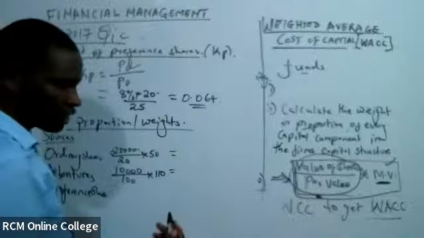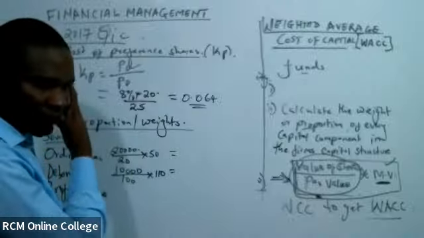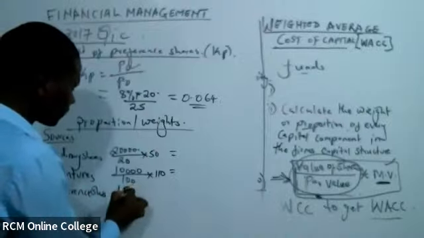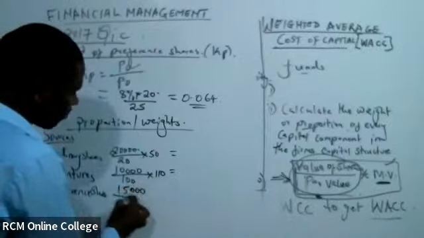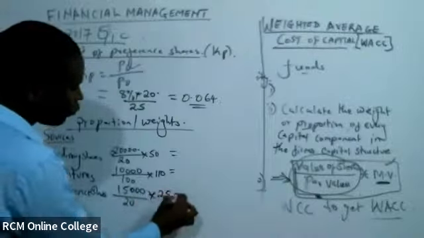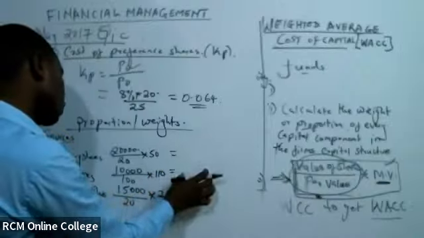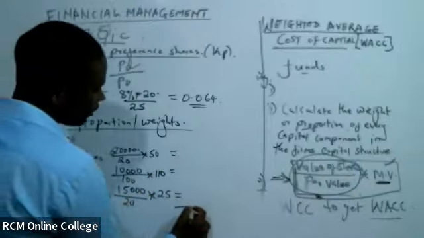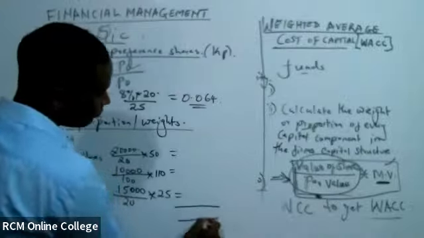Then preference share: the value is 15,000, par is 20, market is 25. So we get the total of these and then we get the proportion.